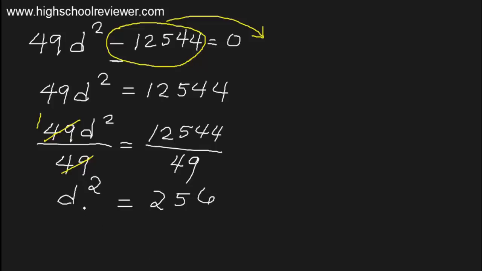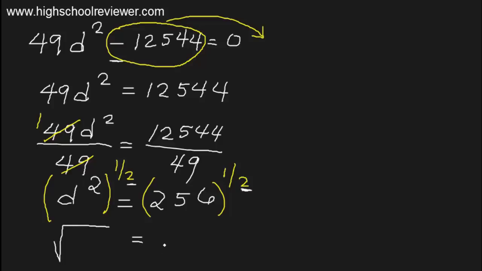To find the value of d, we need to extract the square roots. So to extract the square roots, let us raise both sides of the equation to 1 over 2. Now, since both of the denominators of the exponents is 2, this is equivalent to the square root. So we have here the square root on the left and the square root on the right.